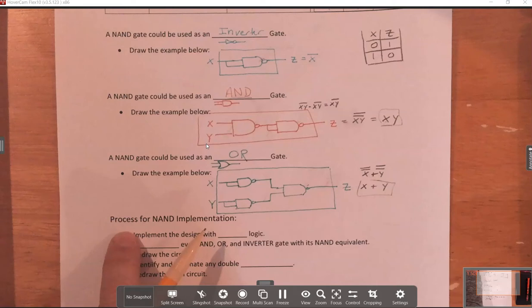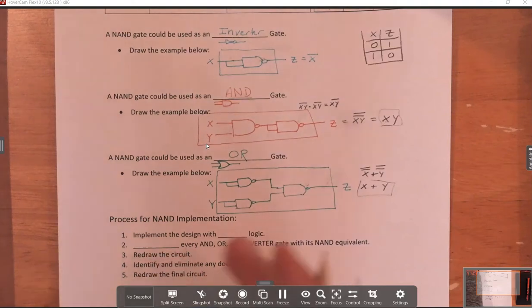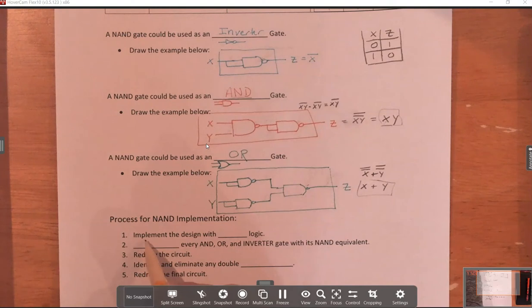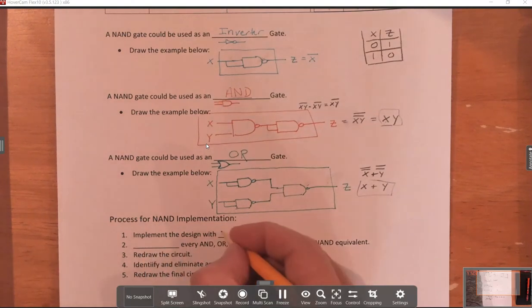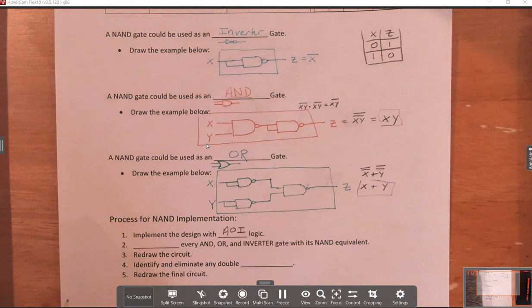So we're going to do an example, and this is the process for NAND implementation. So how to do this. Basically, we're going to create a circuit using only NAND gates. So it says first implement the design with your standard AOI logic.